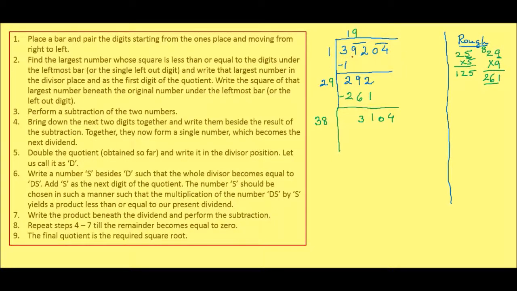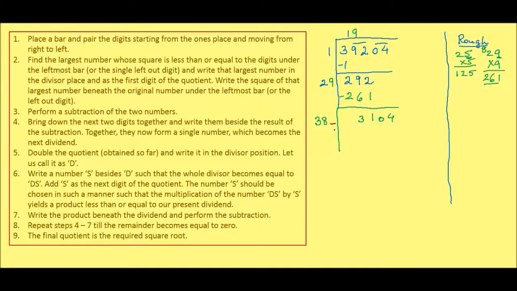So, if it is a perfect square number, this will be giving us a product which, when subtracted from 3104, will be giving us a 0 as the remainder of the subtraction. So, we have to get a digit over here, which when combined with this 38 and multiplied with the same number, that is S, will be giving us a product whose ones place will be containing this 4.